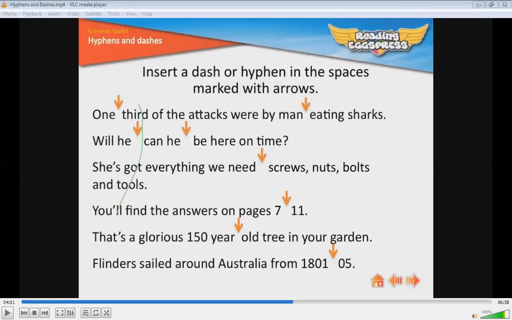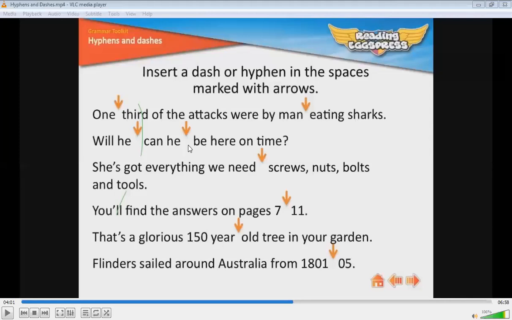Okay, no problem. Now I'll mute you all and we can do that, but I have Taha. I want to hear Taha. Taha, what do you think of the second line? "Will he, can he be here on time?" What do you think of these two parts? Sir, I think the first one, because it's "will he," will be a dash.